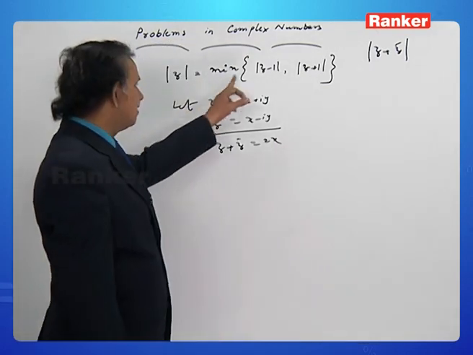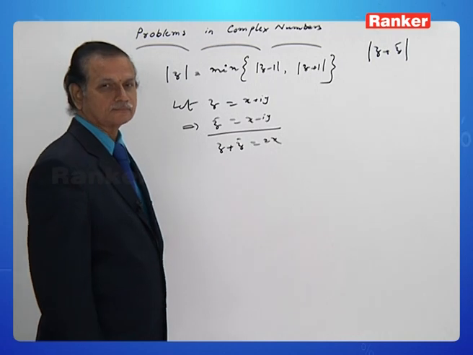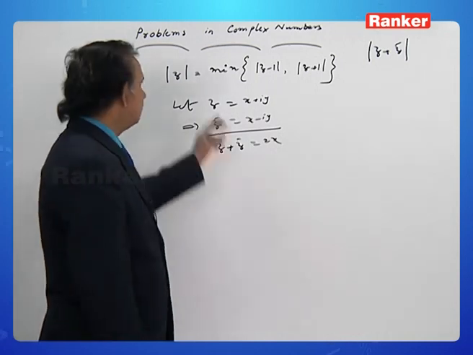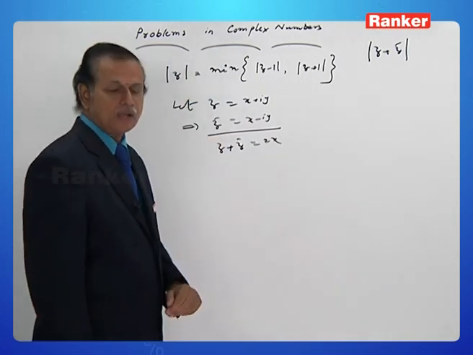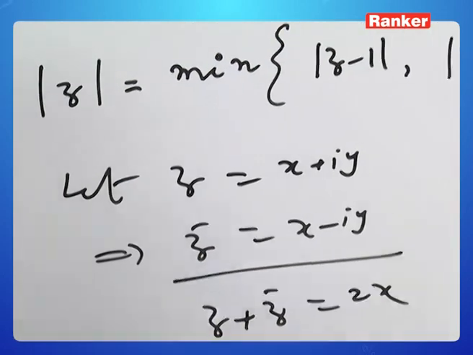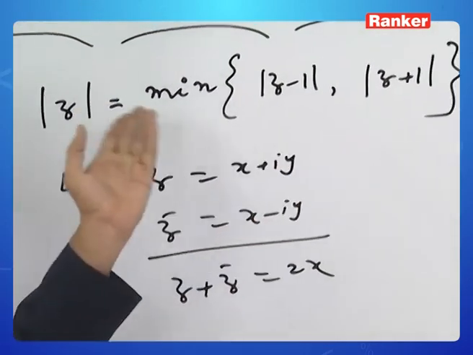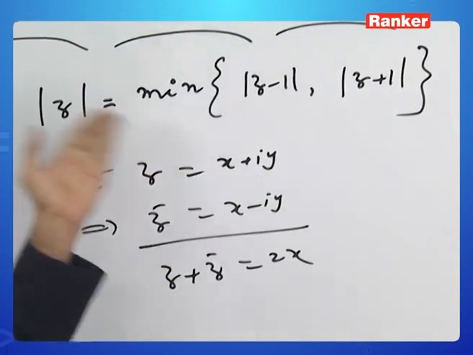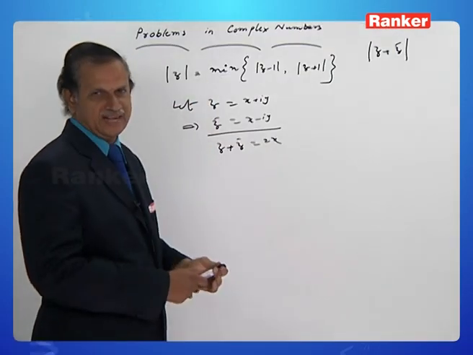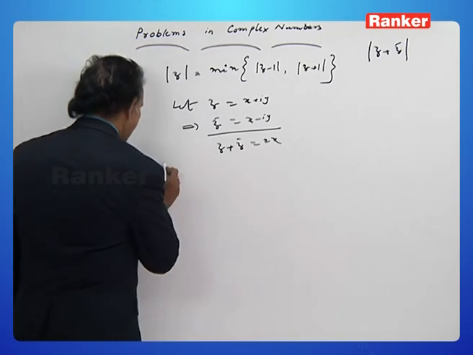Okay. What are the cases that may happen here? Mod z is the minimum of this or this. Therefore, mod z can be either mod z minus 1 or mod z plus 1, whichever is the minimum. That value will be taken by mod z. So, 2 cases will arise here. Case 1. What is case 1?